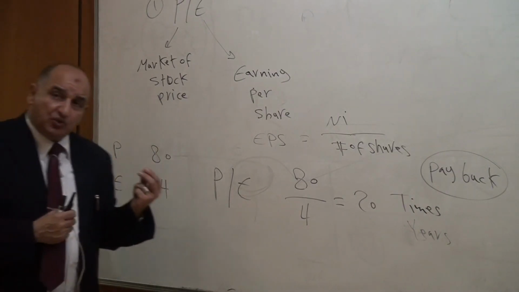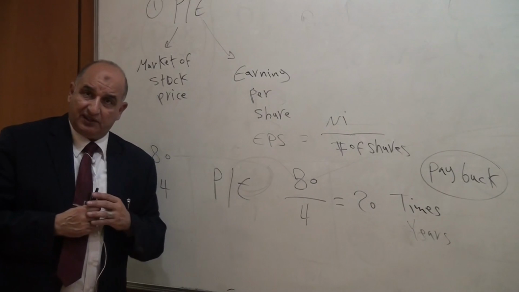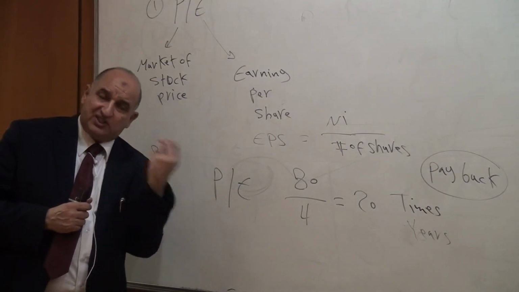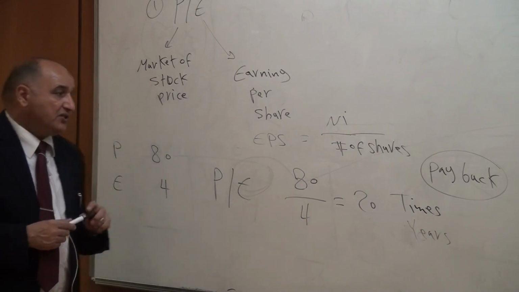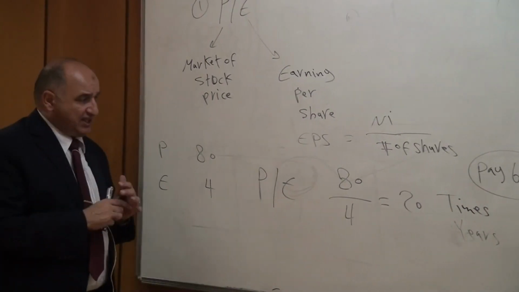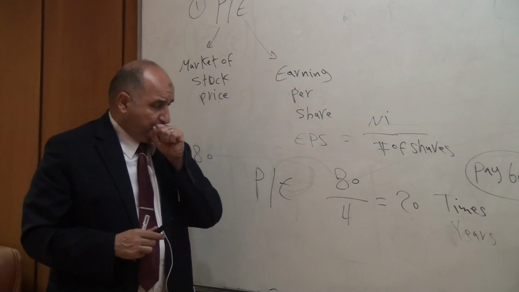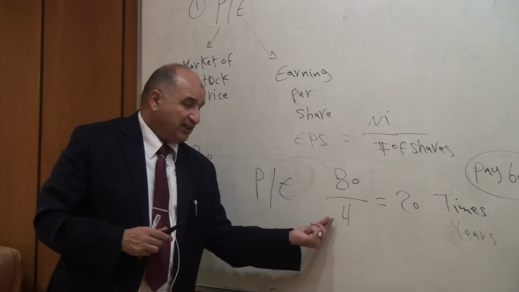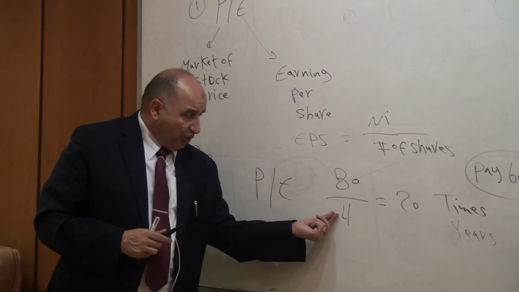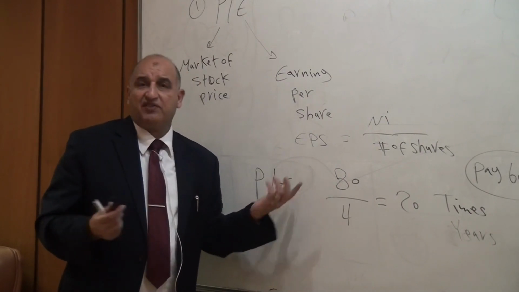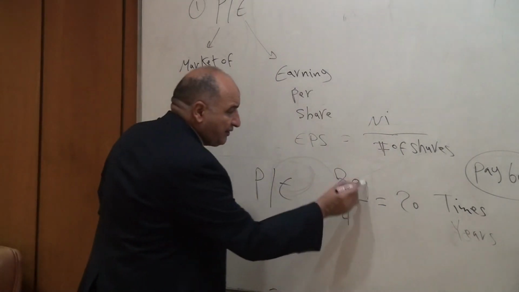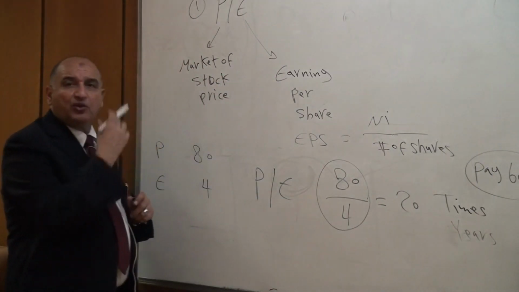If I asked you in this situation, what is the rate of return for this stock? The rate of return is easy, because we have the information. I invest 80 and I will get a profit equal to 4. So 4 divided by 80 is 5%. But normally, you don't have the components of the PE.